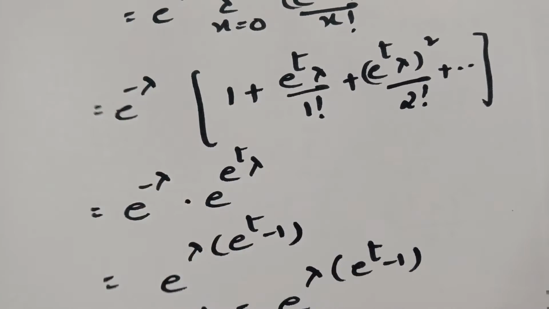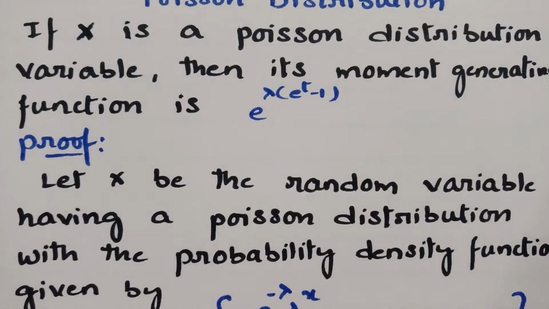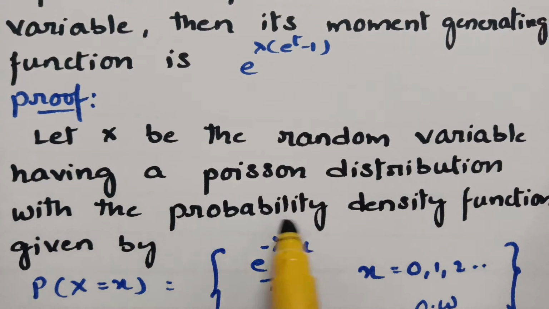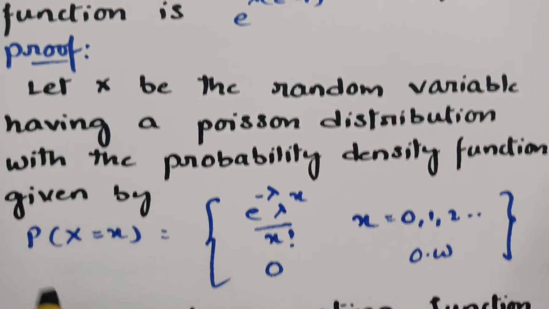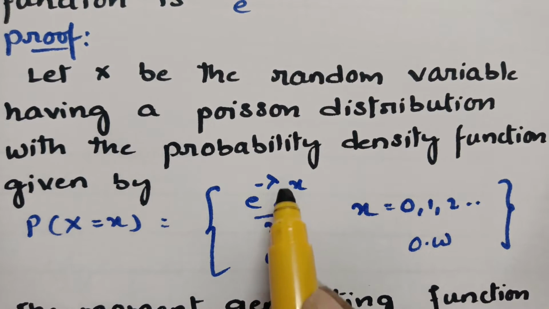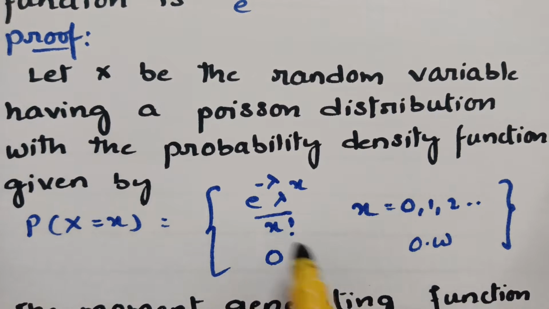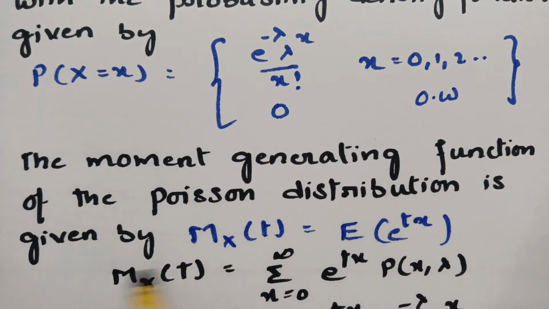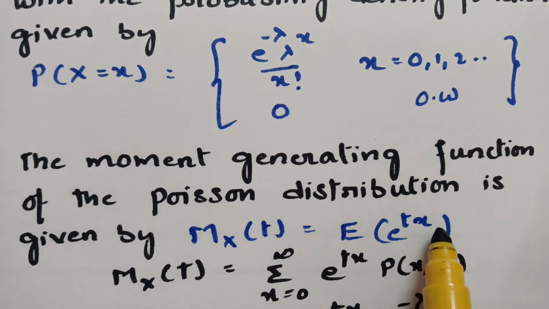See here, first of all, what is given here? Let X be a random variable of Poisson distribution with the probability density function given as probability of X equal to x is e power minus lambda lambda power x by x factorial. Now the moment generating function of the Poisson distribution is M_X(t) equal to the expected value of e power tX.